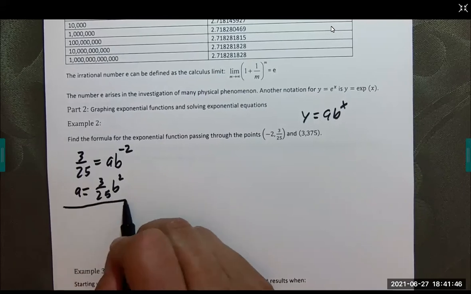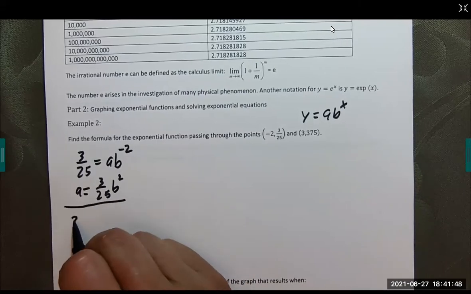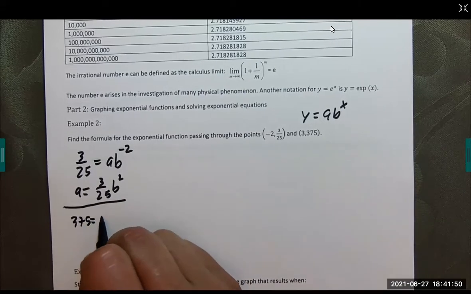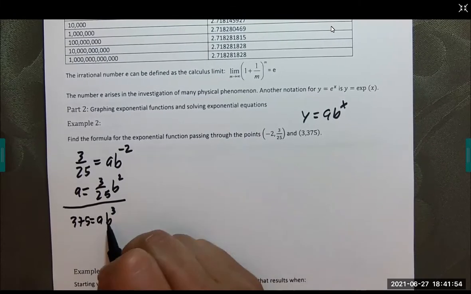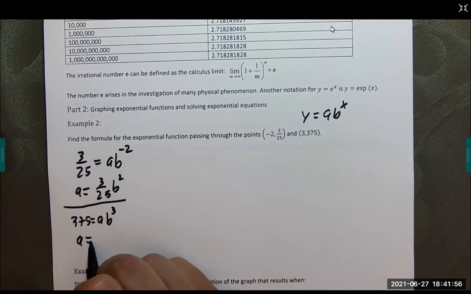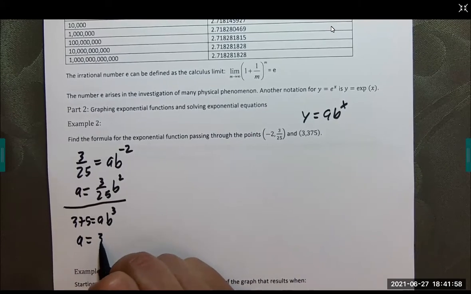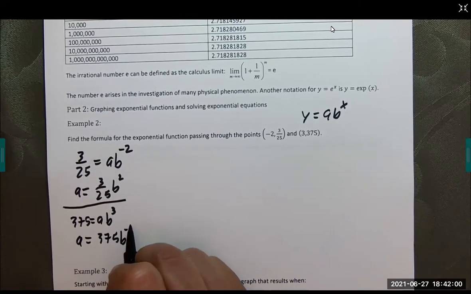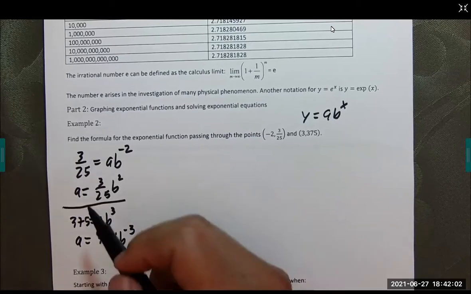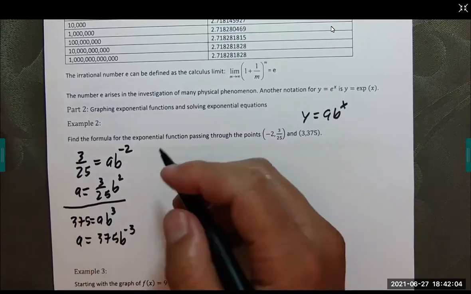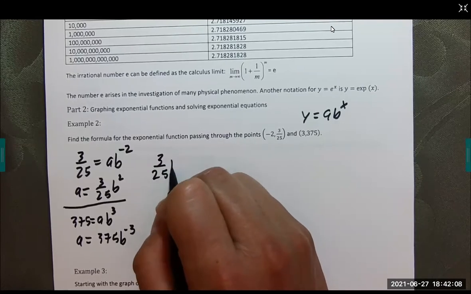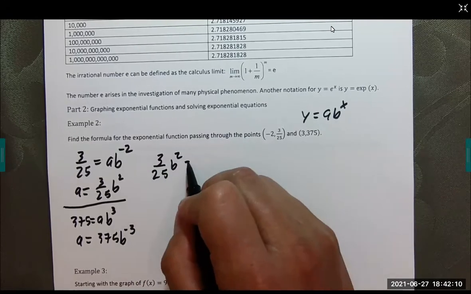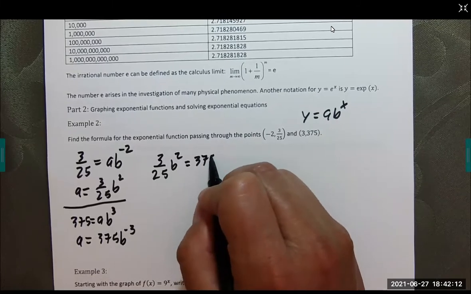Similarly, I'm going to take 375 equals a b to the 3rd power and divide both sides by b to the 3rd. I get a equals 375 b to the -3rd. And a is going to equal a, so I'll set them equal to each other. 3/25 b squared equals 375 b to the -3rd.